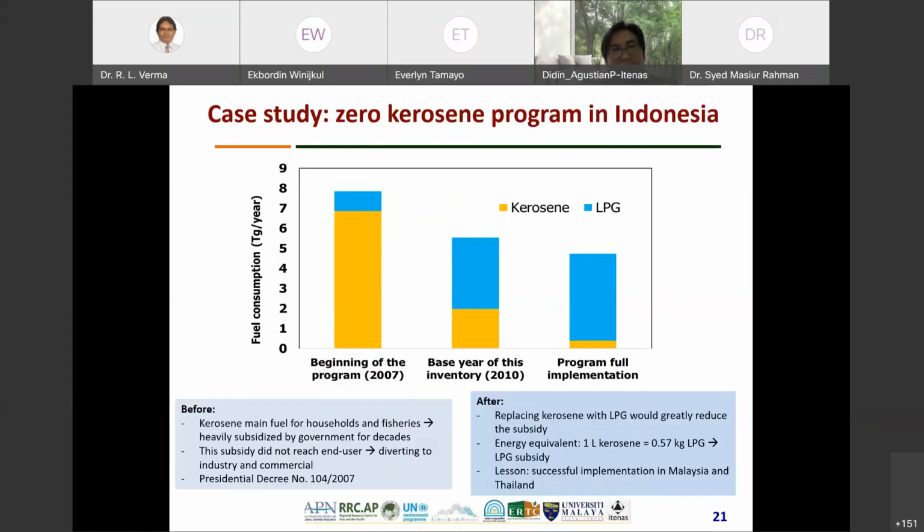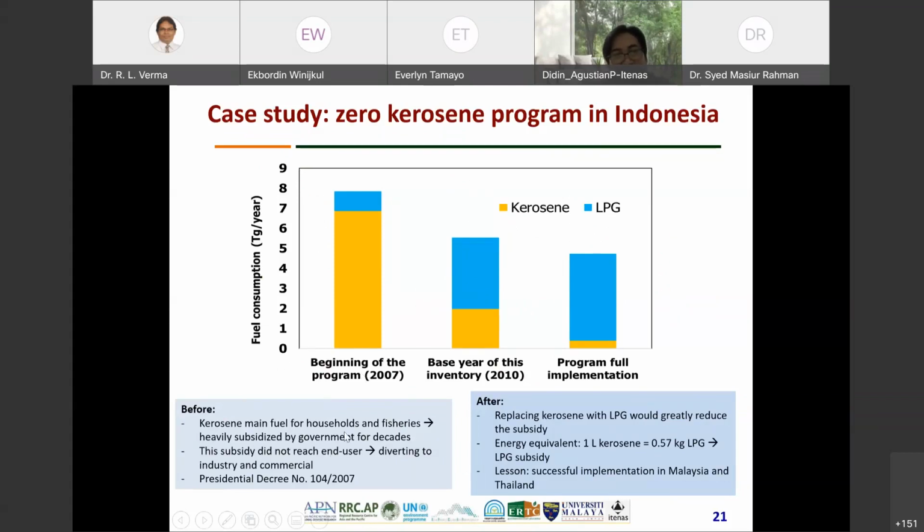This is just to emphasize that emission inventory can be used to evaluate policy. For example, this zero kerosene program in Indonesia, because the government would like to phase out the kerosene use in the cities and replace it with LPG.